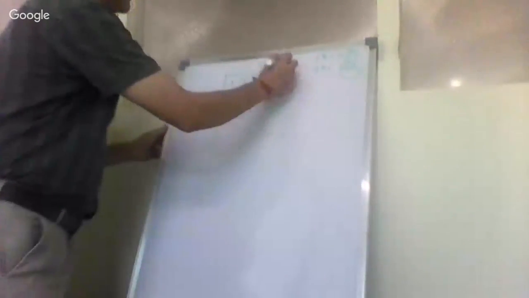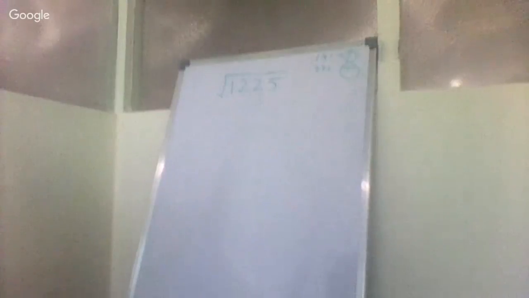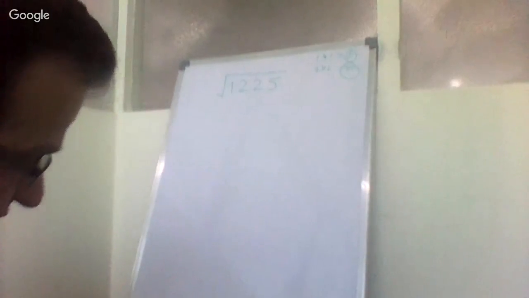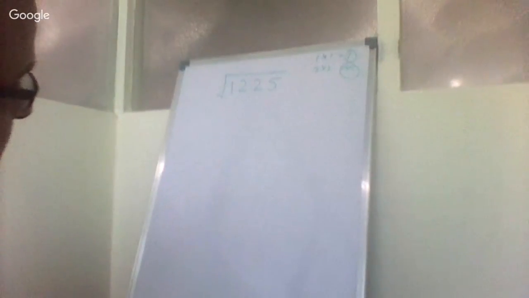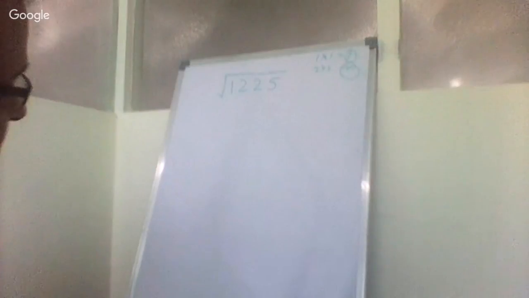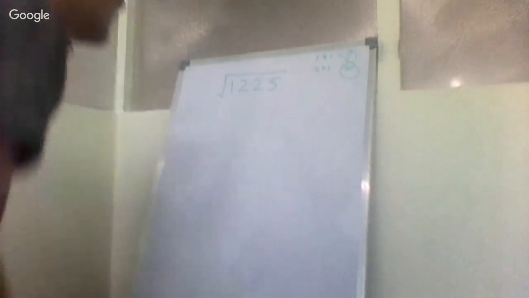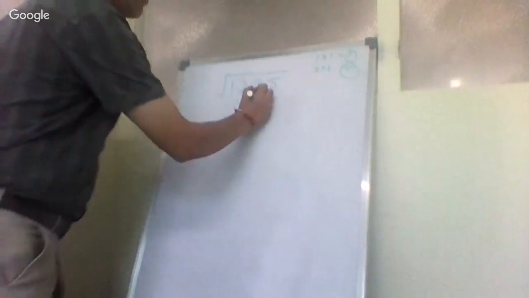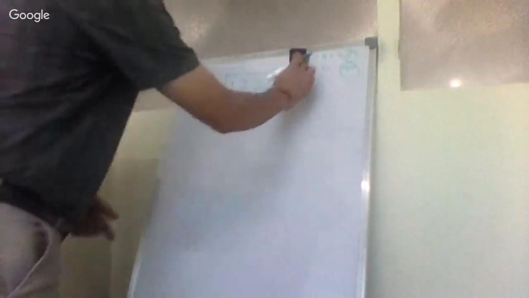I want to find the square root of this number. So the first step is we always make pairs starting from the right hand side. This is one, this is second. Is it clear? Yes, sir.